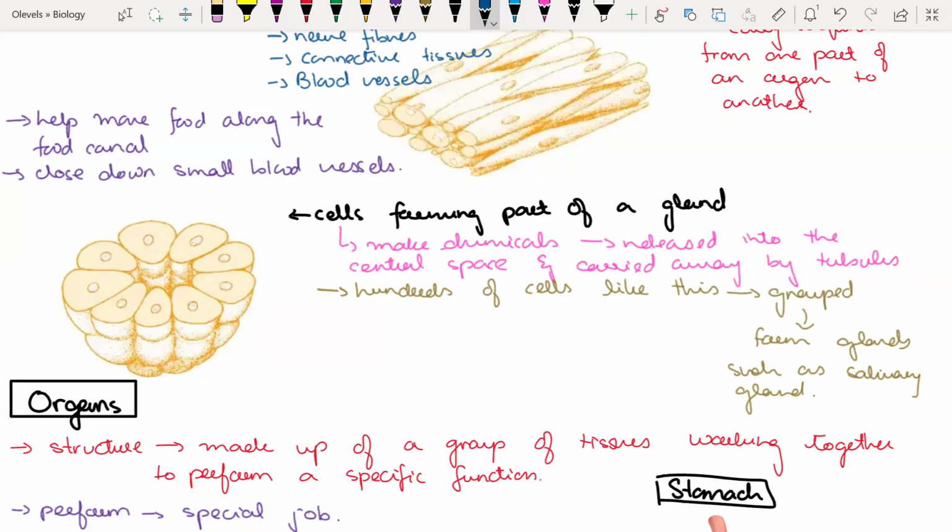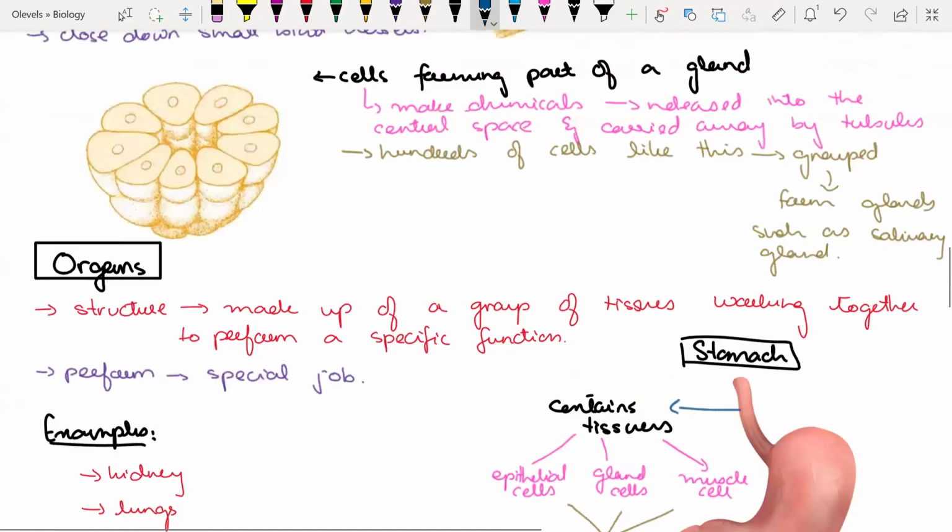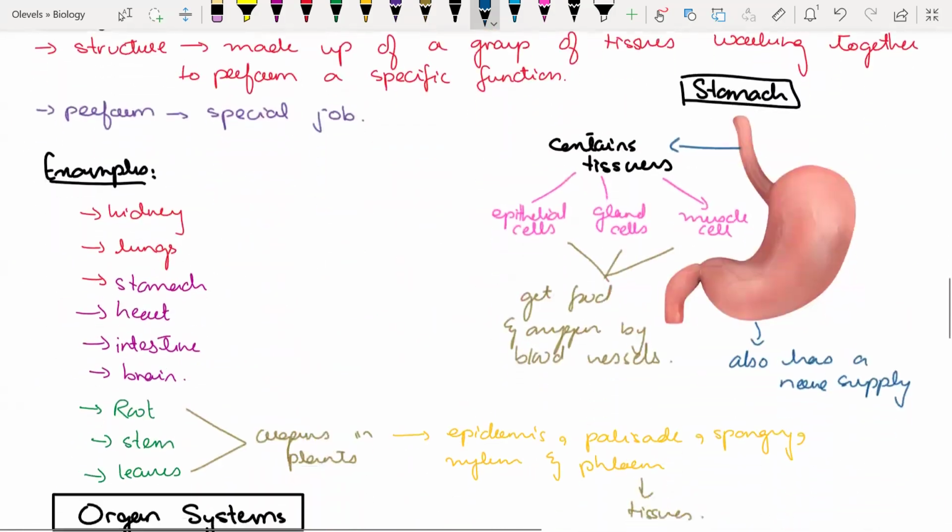There are hundreds of cells like this. They are grouped together and form glands such as salivary glands. You have so many glands inside your body, right? Salivary glands are one of them, responsible for producing saliva. So that was all about tissue.